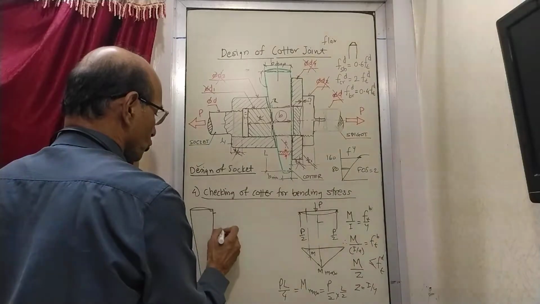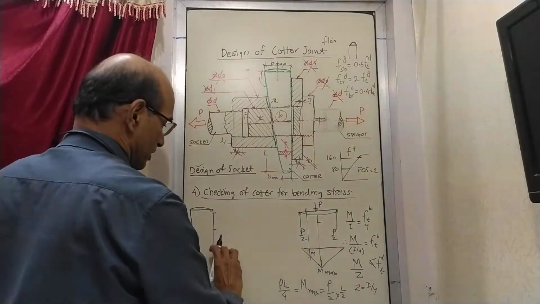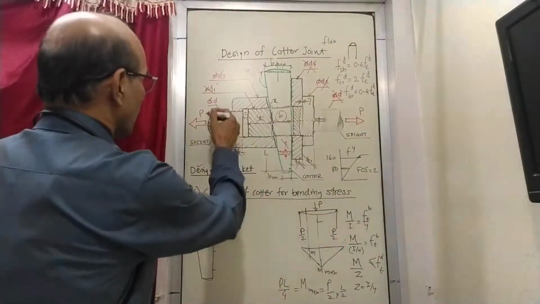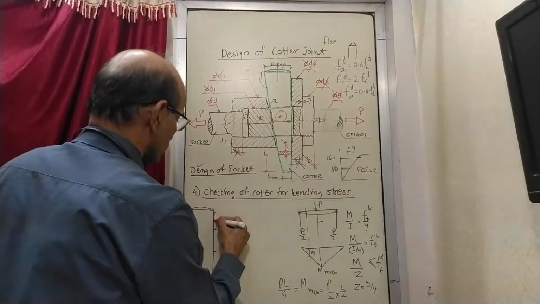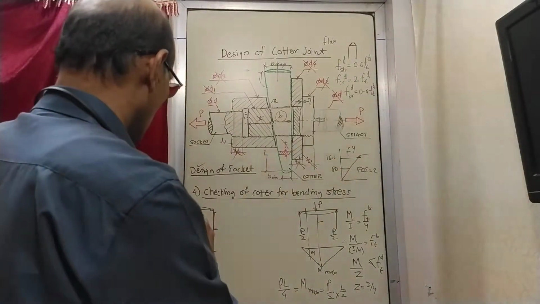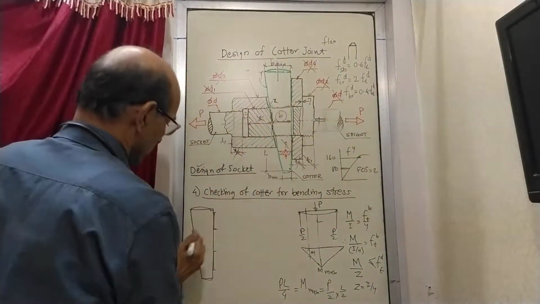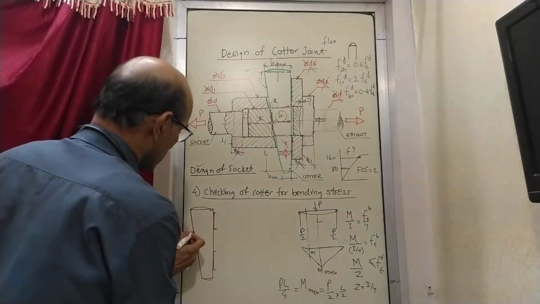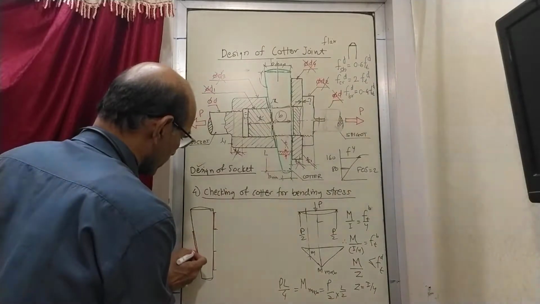So between these two parts, this and this, it is in contact with the socket. So this is here, it is in contact with socket, and on this side here, exactly here, it is in contact with the spigot.